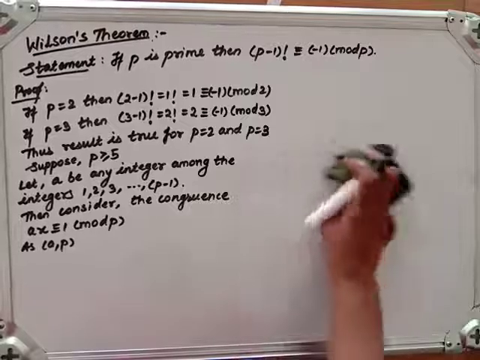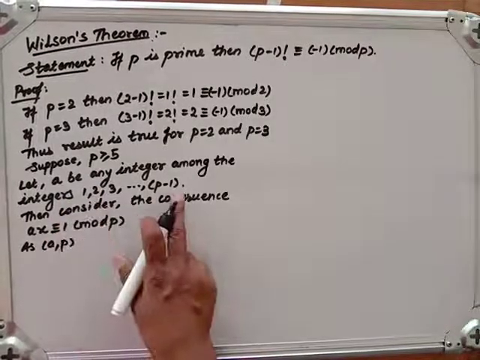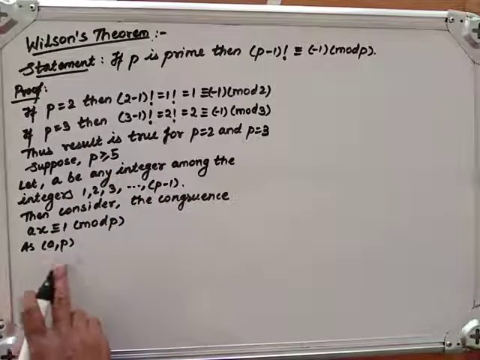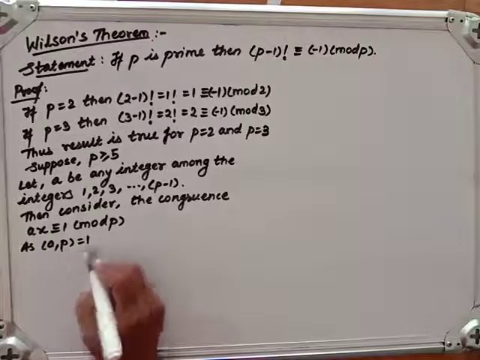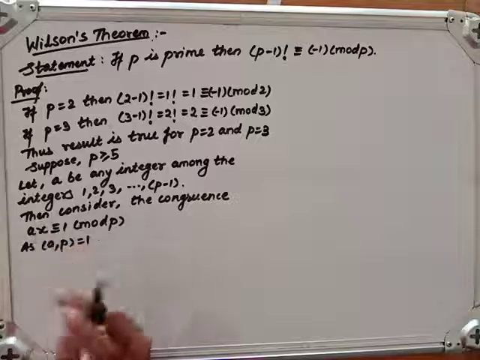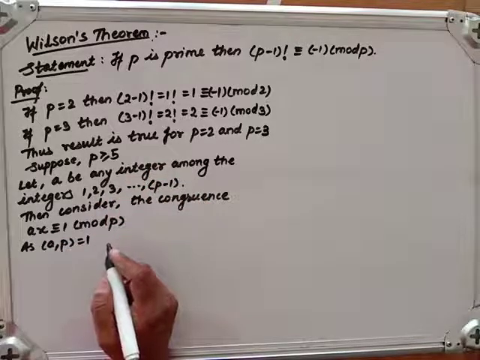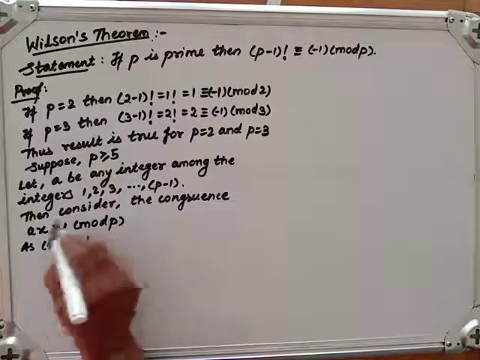As P changes, A changes, and every time the GCD is always 1. They are relatively prime. If they are relatively prime and this is the congruence, then it has a solution. From the previous theorem we have seen about the solution of this congruence.